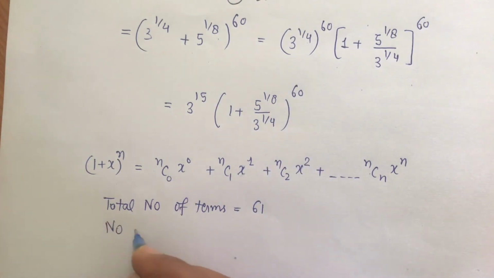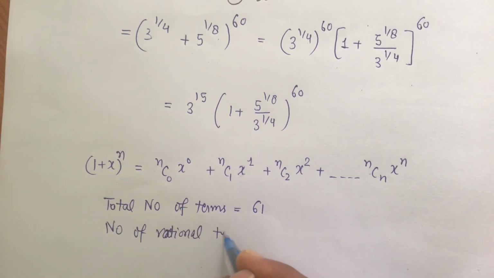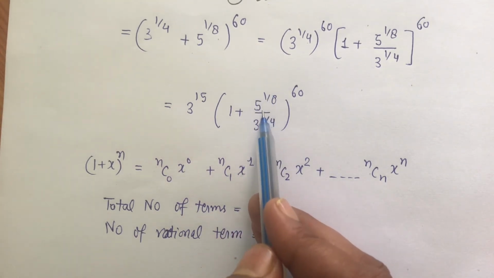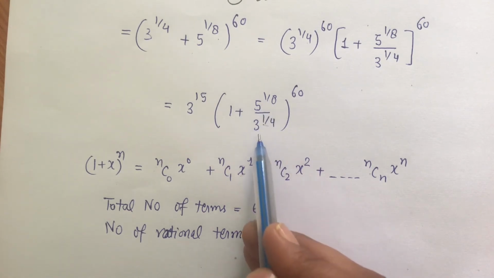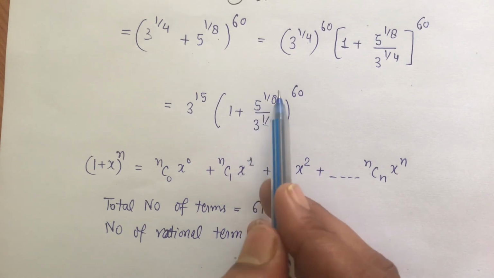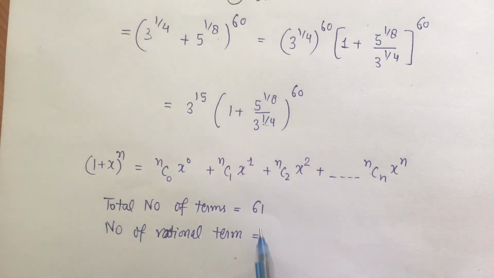And the number of rational terms, let me count. A rational term will occur only when the power of this is a multiple of 8, then only it would be cancelled and become an integer power. So the power of this should be a multiple of 8.